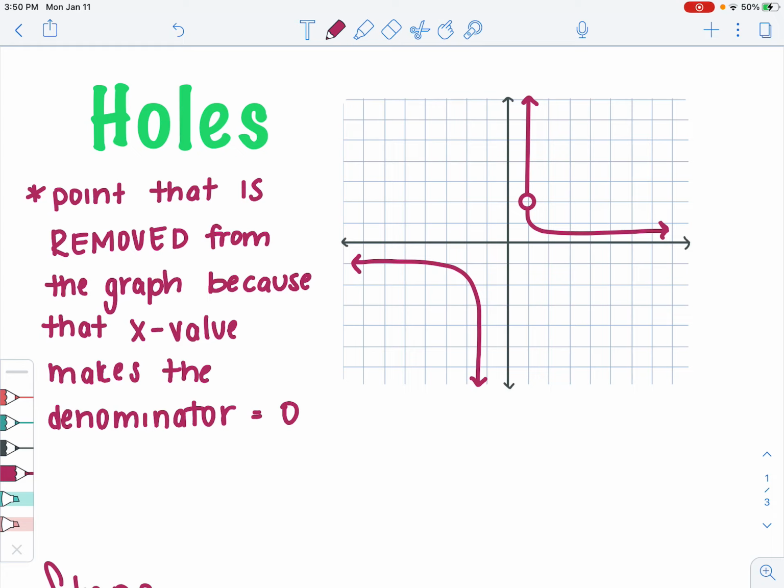And we know fractions can't have denominators of 0, because 0 in the denominator of a fraction is a number that does not exist.